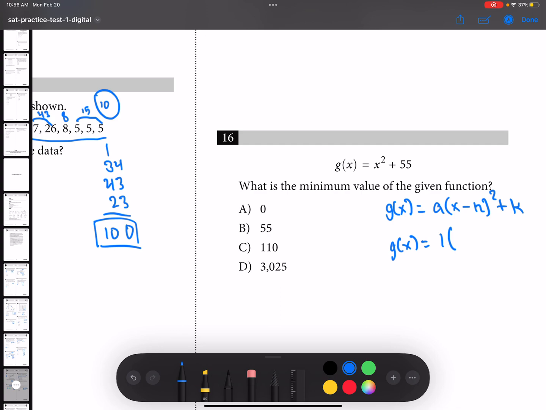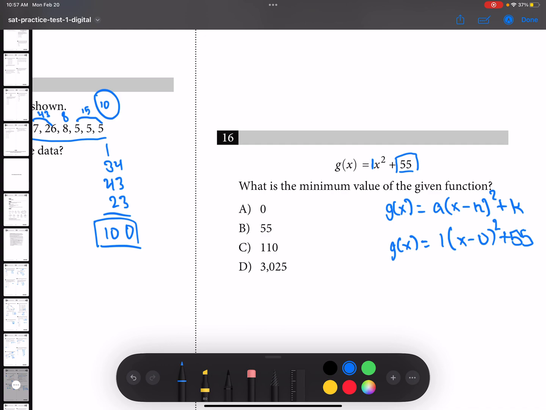Now h is equal to 0, so x minus 0 squared. Just to be sure, a is 1 because this is 1x, and h would be 0 because once we find the value for this, we're just left with 55. And now k is equal to 55 because of this value.